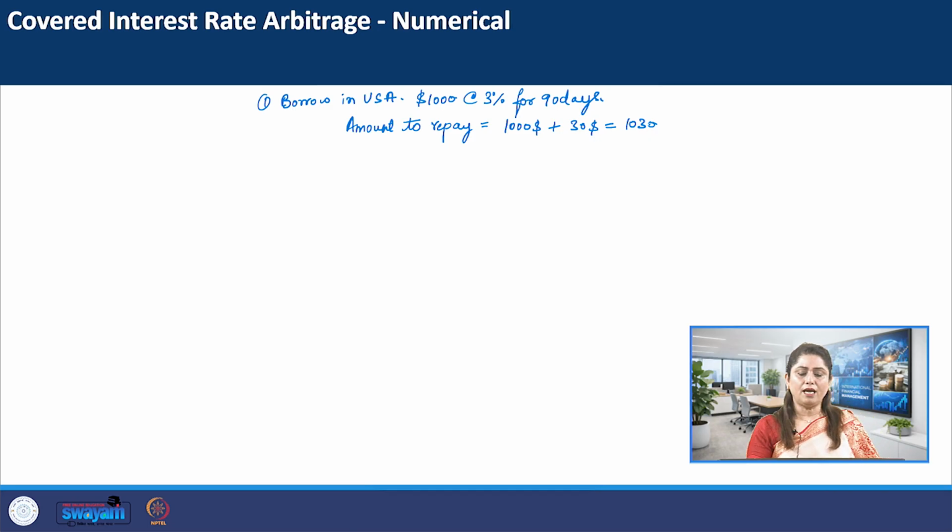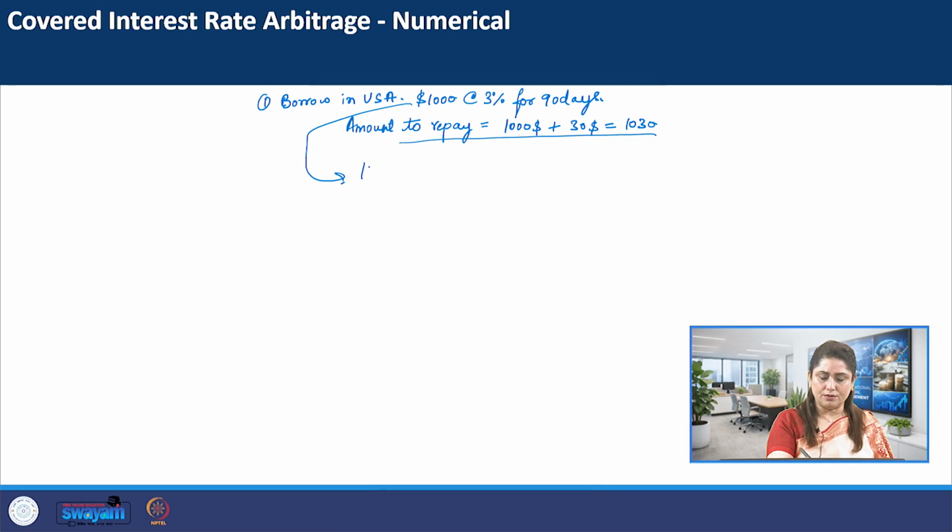Now first we have taken the dollar loan, and the dollar loan that we have taken is 1000. The repayment we are going to do at the time of maturity. So this $1000 loan is going to be converted into rupees at 80 rupees, because this is the spot rate given to us.